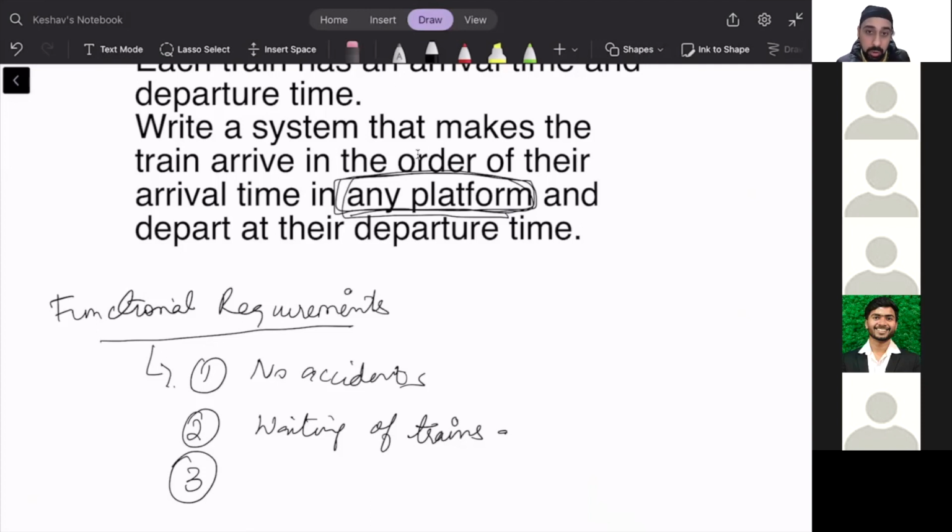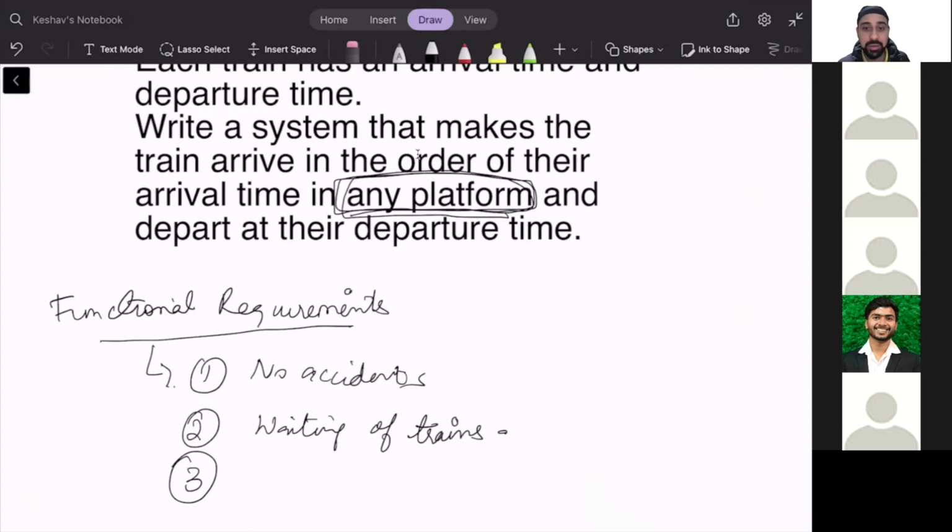Do you want to incorporate that, or do you want things to be incorporated in that manner? That is important. But since the question said that it can arrive in any platform, you should not add that complexity on day zero for the functional requirements, because anything that is given is a hint that you don't want to add that complexity.